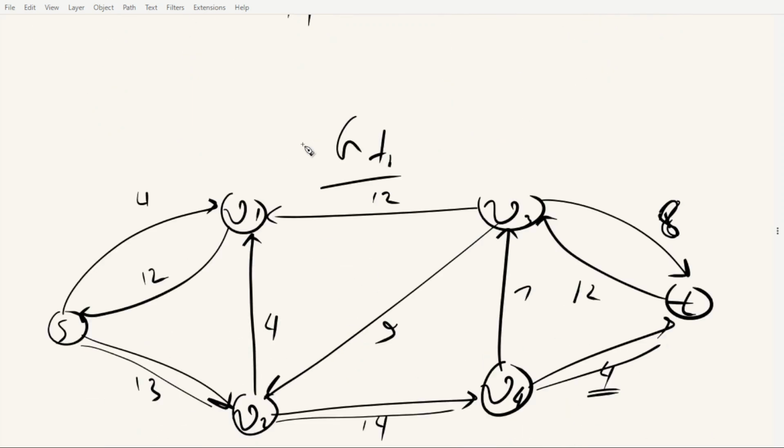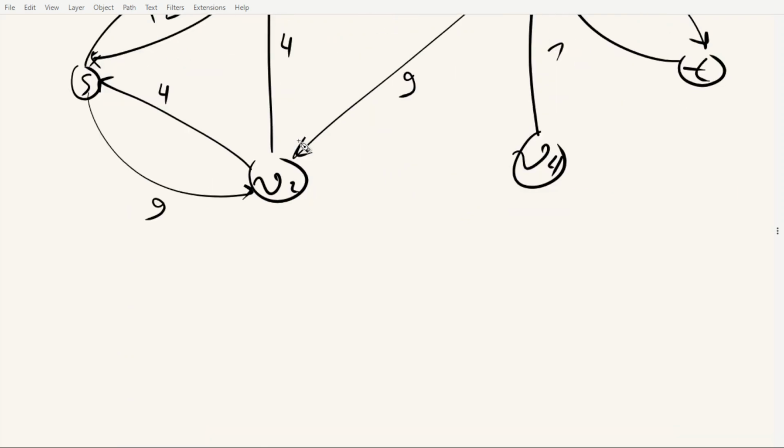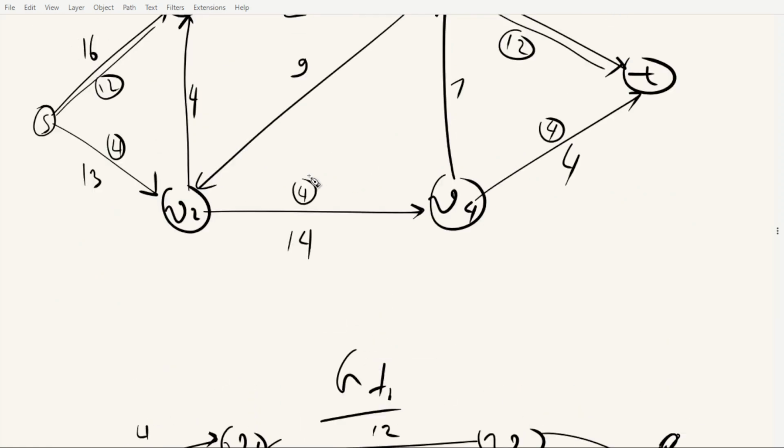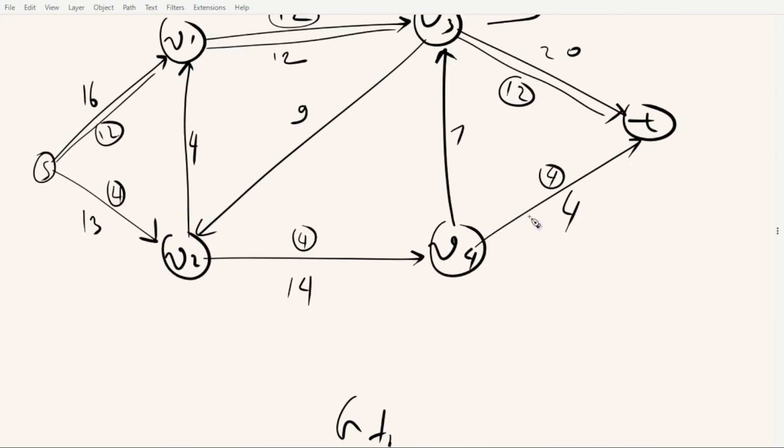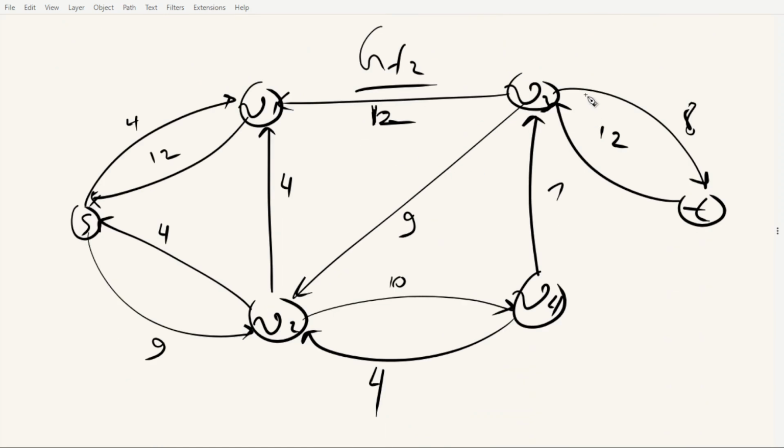Backward 4, 10 and 4. Then V4 to T, no forward edge because flow is full. So only a backward edge of weight 4. So this is the residual graph.